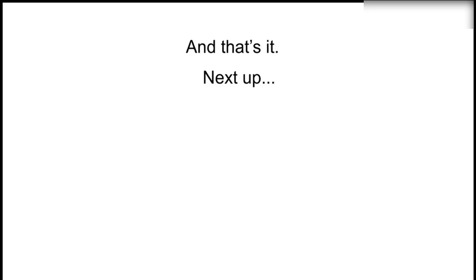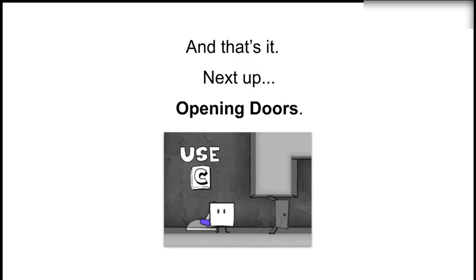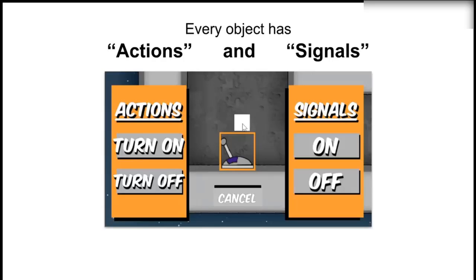Data gets loaded. Okay, so moving on. The next thing I wanted to talk about was how do doors open. Continuing with doors, but this is going to lead us into the scripting system. So I use this word called signals and actions. When you click on an object in a particular way, you open up its scriptable options.